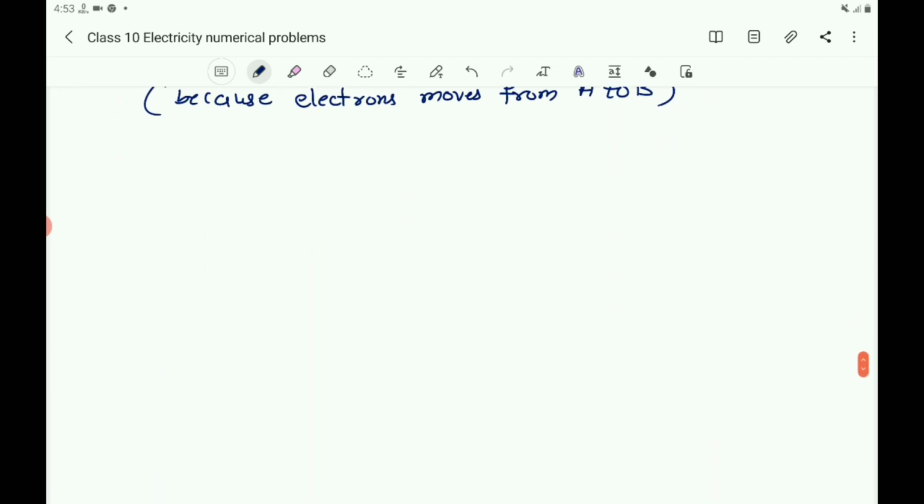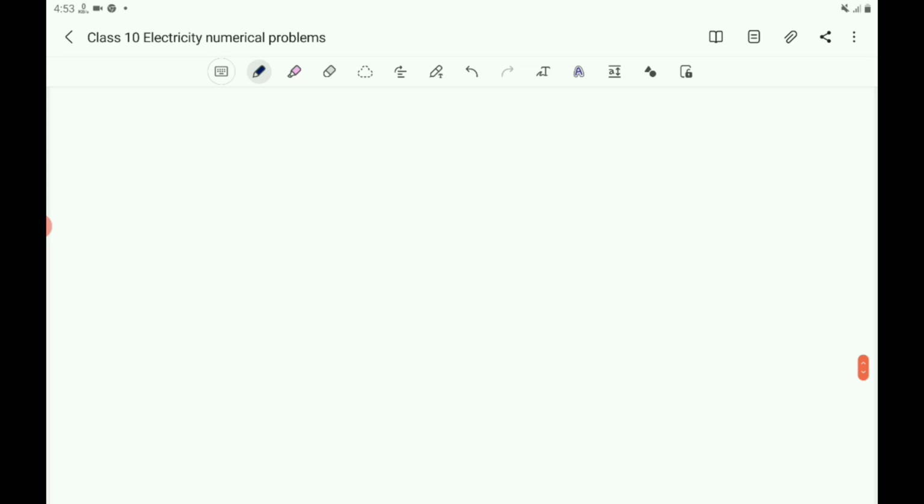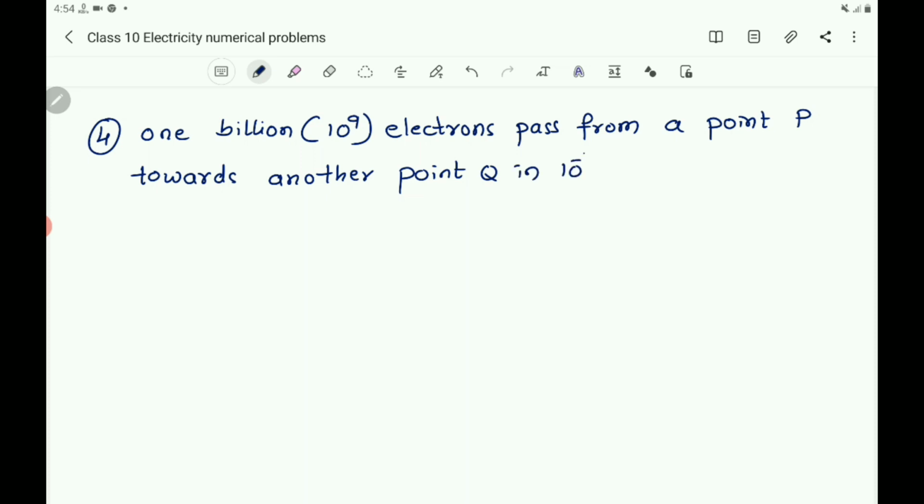Next, let us take some more examples on this. The question number 4: 1 billion, which means 10 power 9 electrons, pass from a point P towards another point Q in 10 power minus 3 s.